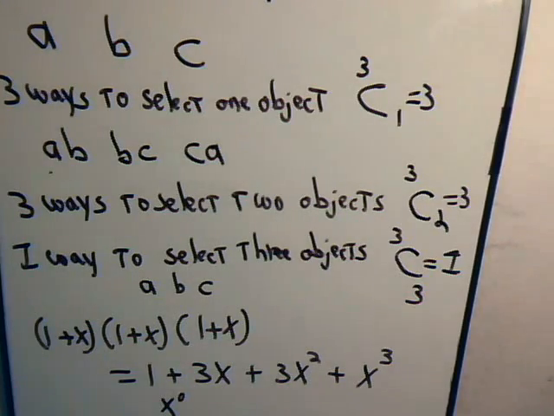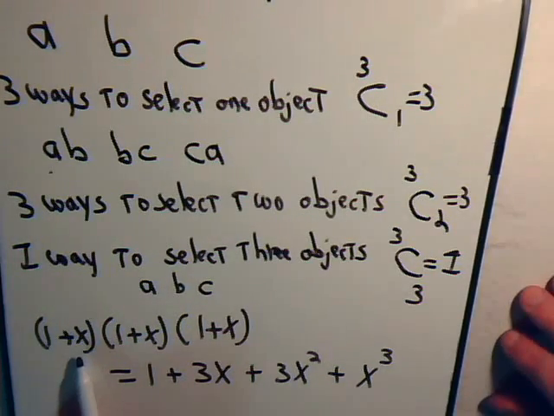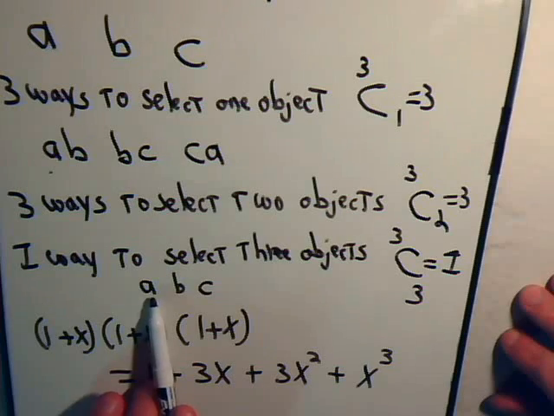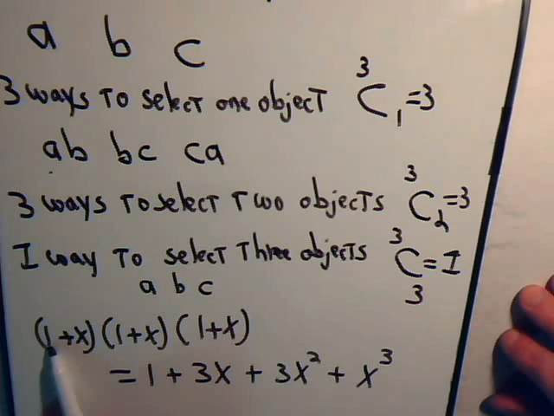So, what do these mean? Here then, we can think of this as a generating function for the object A, and this means that, well, for object A, we may choose 0, or we may choose 1. The exponent here on x is 1.